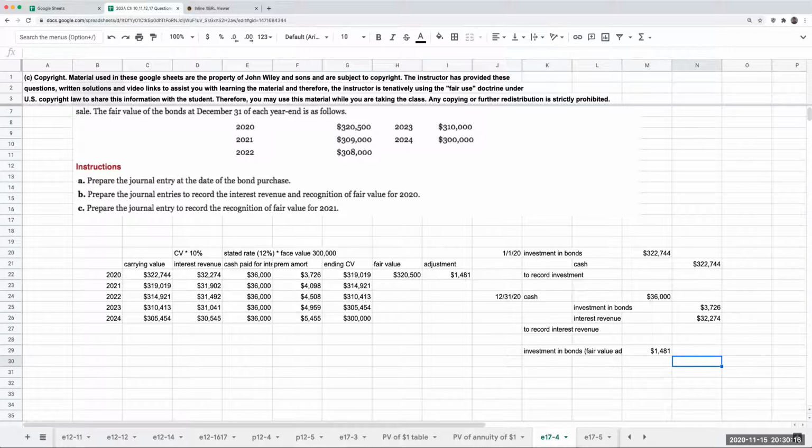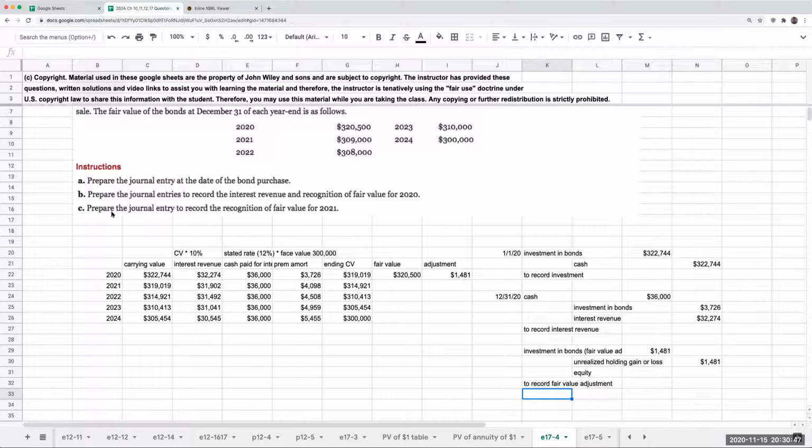And then over here, I'm going to be crediting unrealized holding gain or loss. In this part here, this is considered to be a gain. Okay, so this is for 2020.